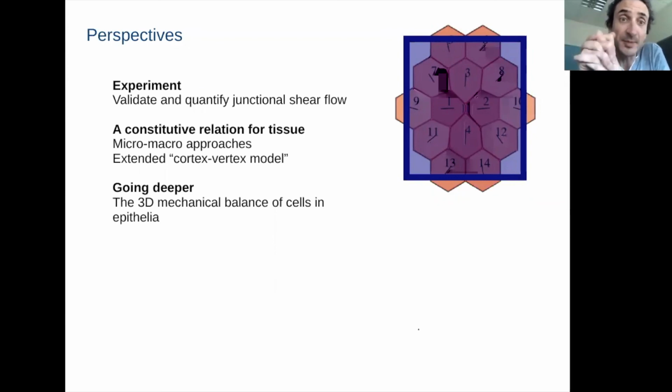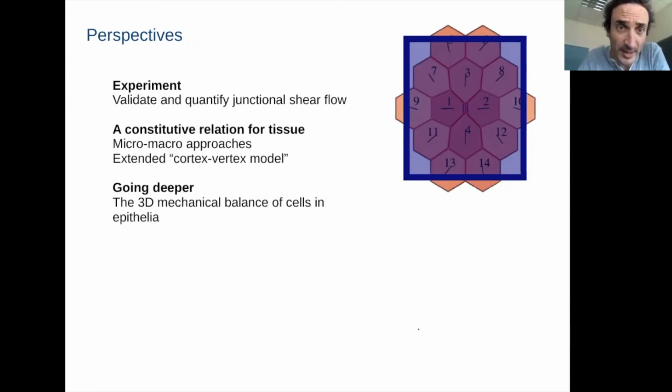But then the next step is really to continue bridging the molecular and cellular scale towards the tissue scale, and try to have a constitutive relation which takes into account the behavior that we're describing here for the tissue scale. Especially if we can work out how this area preservation may work based on this behavior.